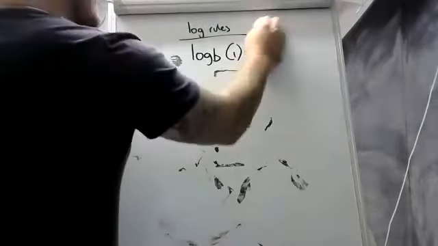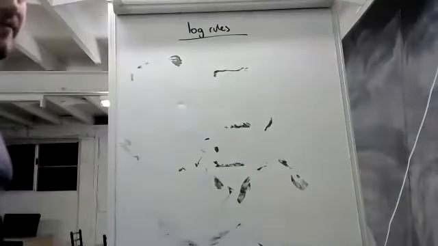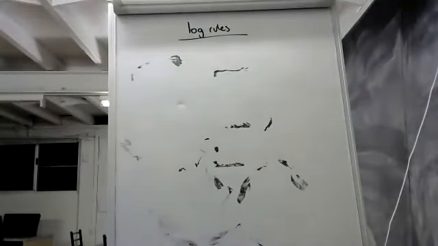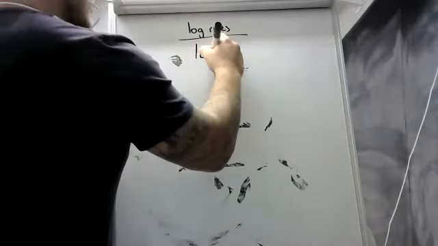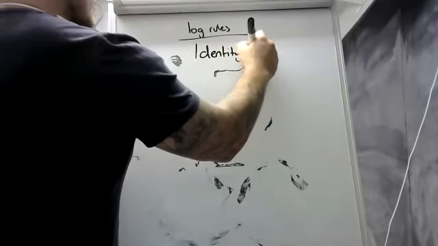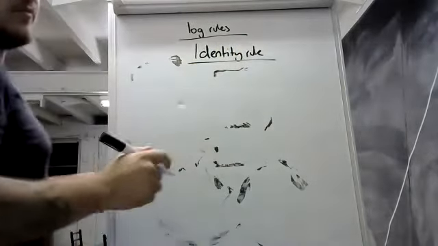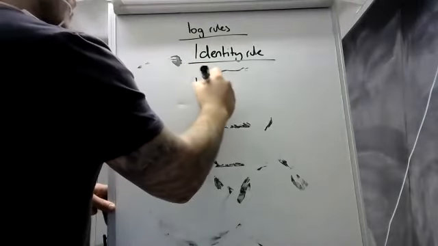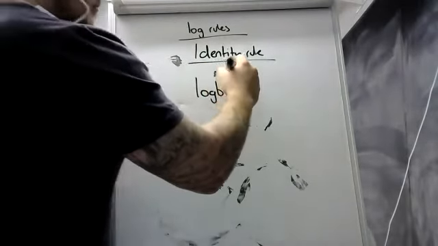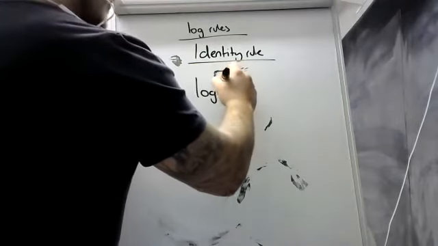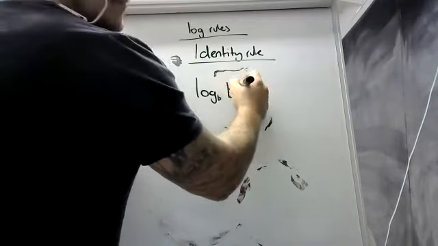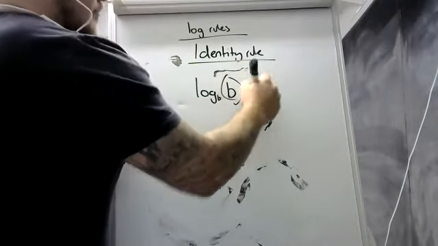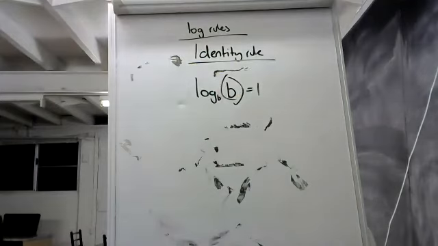So this is now probably venturing into 11 with the identity rule. So we've got log b of b.